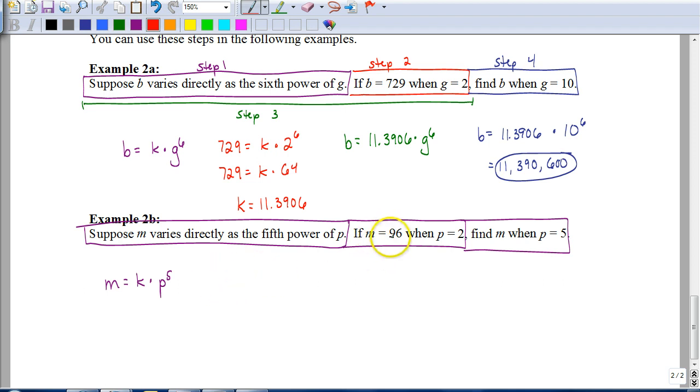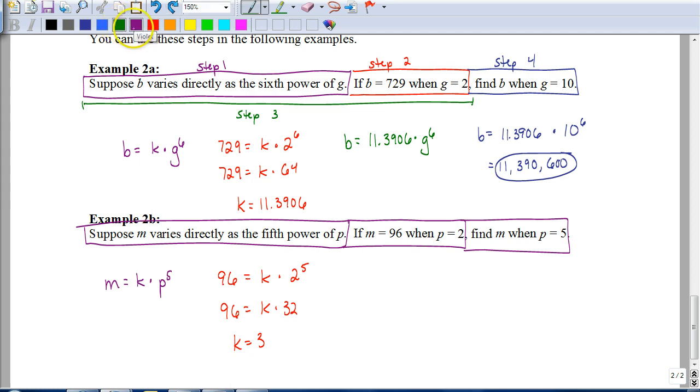So it says m equals 96 when p equals 2. So it's going to be 96 when p is 2. Do the work. Well, 2 to the 5th power is going to be 32. So that means k is 3.